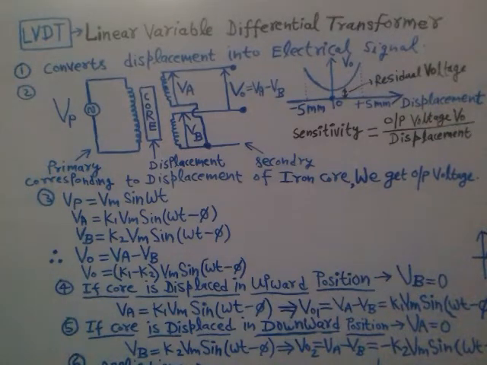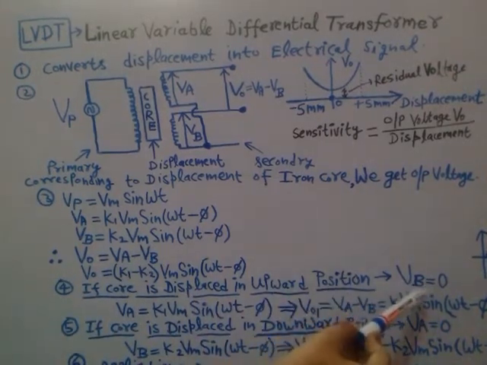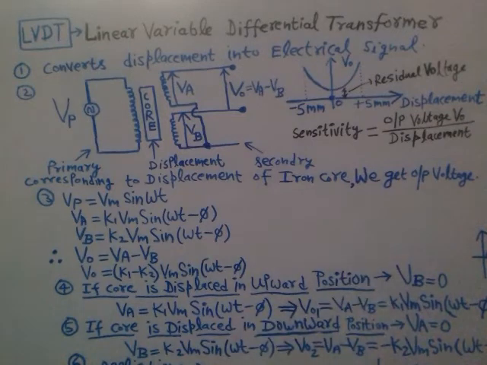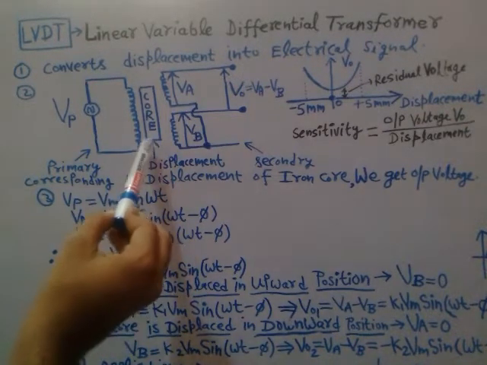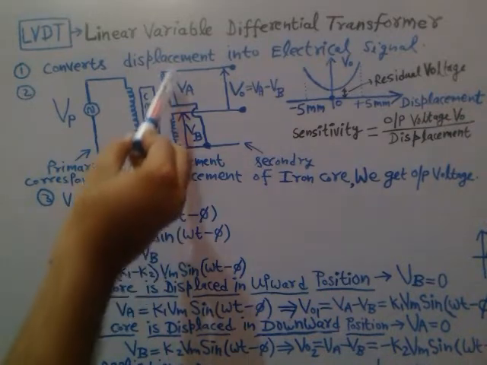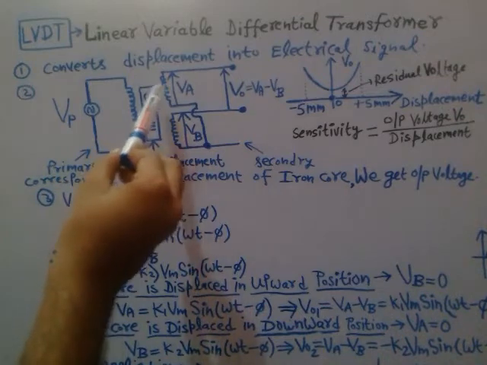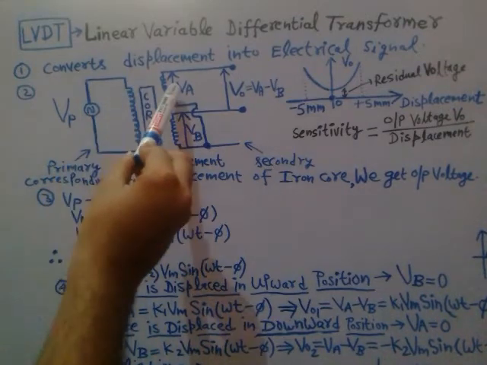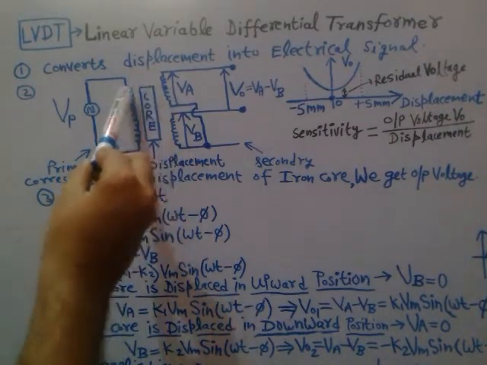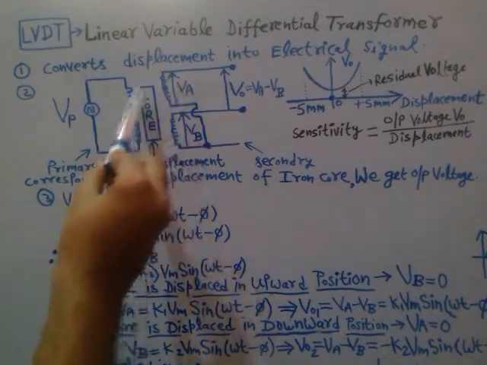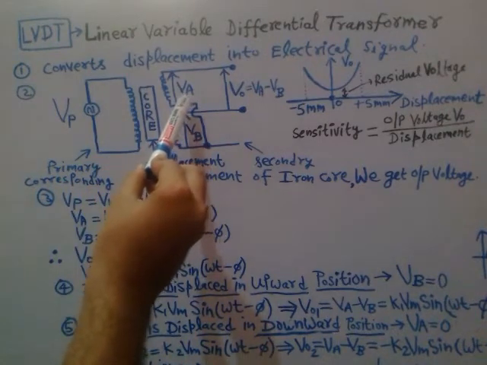For example, if the core is displaced in the upward position, in that case VB will be 0 ideally, right? Suppose I displace this core into the upper part of the secondary winding. Then the flux lines from the primary will link with the upper part of the secondary winding only.